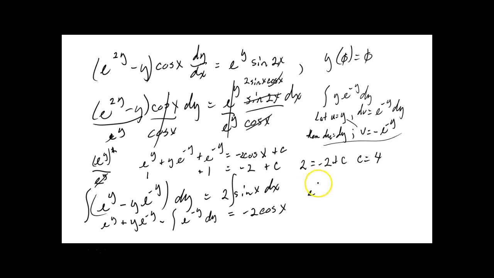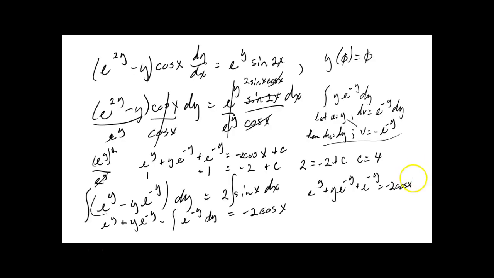E to the y plus y e to the minus y plus e to the minus y is equal to minus 2 cosine x plus 4. Okay. Now, there may be some ways to clean this up just a little bit.